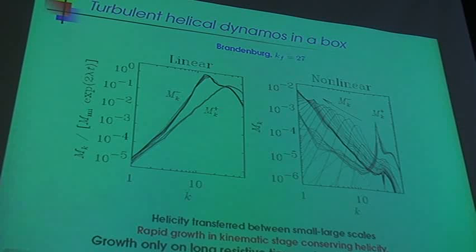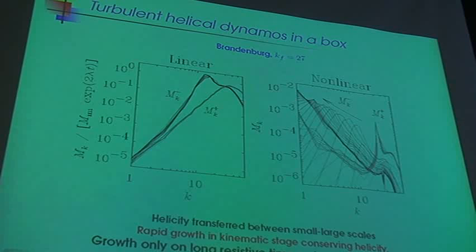And in this case, what has been done is to decompose the magnetic field in this box in helical waves, with positive and negative helicity in the spectrum. And what is being plotted is separately the positive helicity part and the negative helicity part. Firstly, this is the linear part of the evolution, and in this simulation you get an eigenfunction.